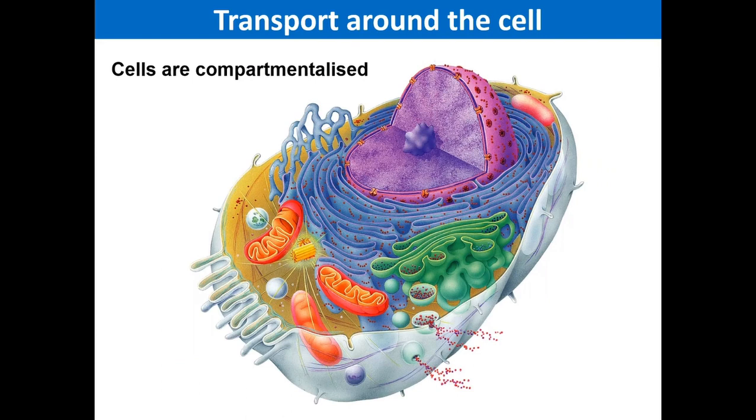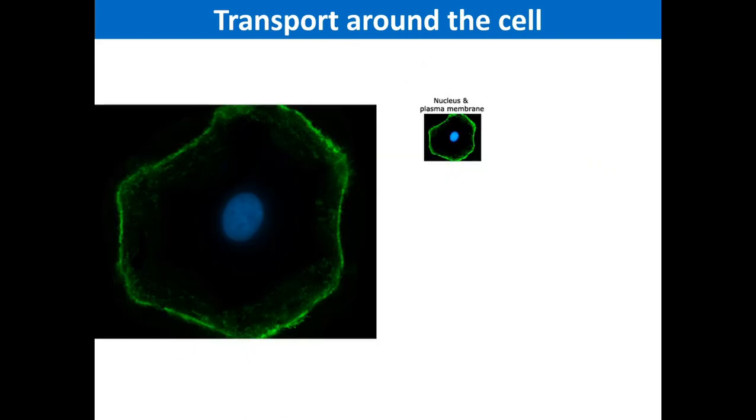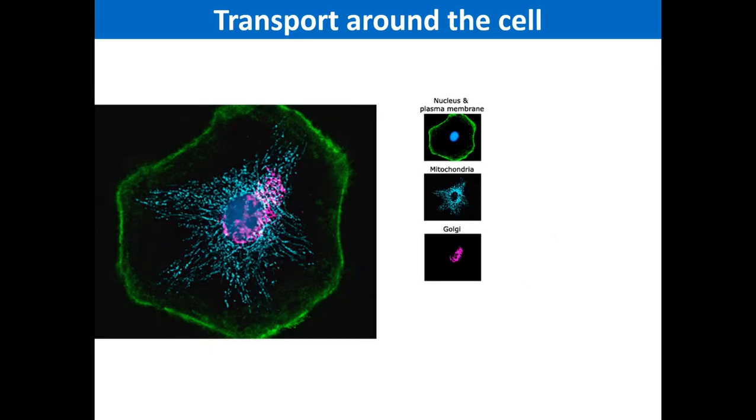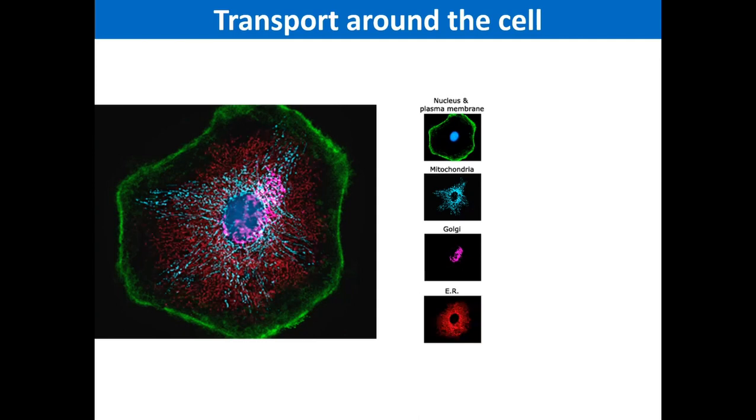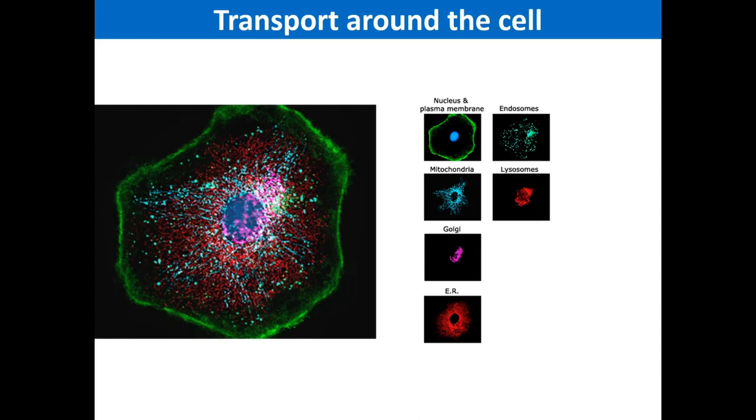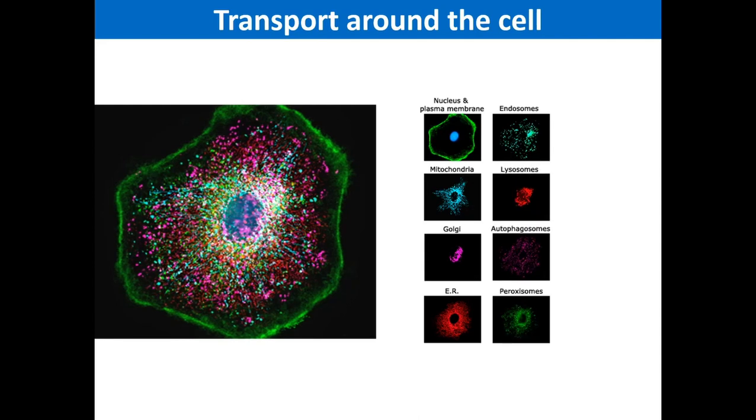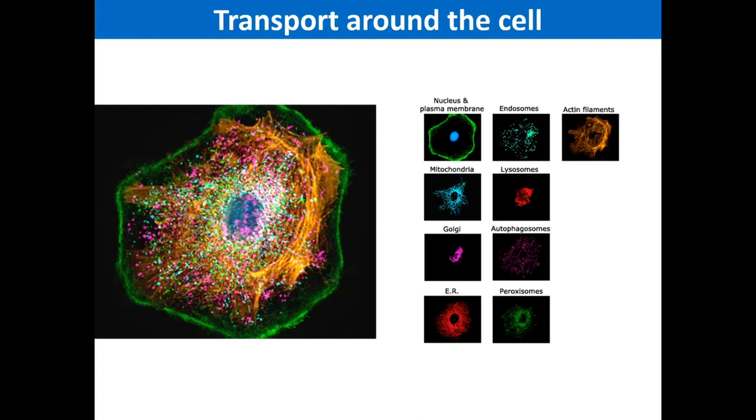So, as we already mentioned, cells are compartmentalized. You do have the nucleus and the plasma membrane, you have the mitochondria, you have the Golgi system, you have the endoplasmic reticulum, you have the endosomes, lysosomes, autophagosomes, peroxisomes, and finally actin filaments, which are not plasma membranes, but filaments of a protein called actin, which is very important for the shape and motion of a cell, but also for the movement of substances across the cell.